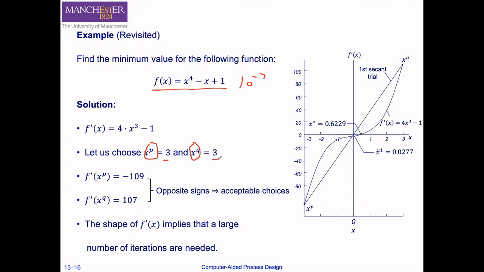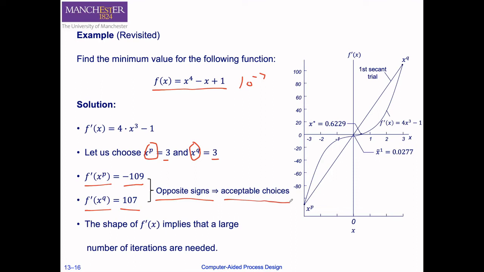Then we evaluate the first order derivatives at these two values. Then we can get negative 109 and 107. The first order derivatives at these two values have opposite signs, so these two values are accepted.